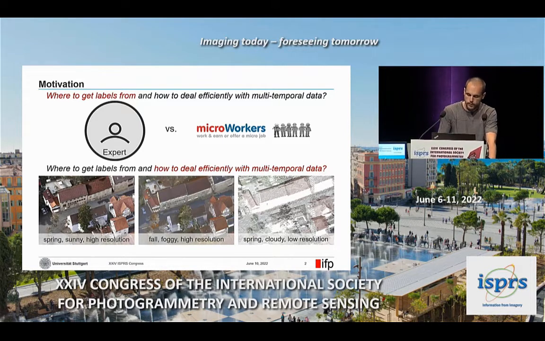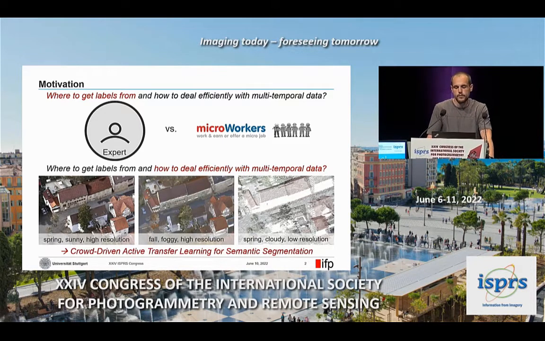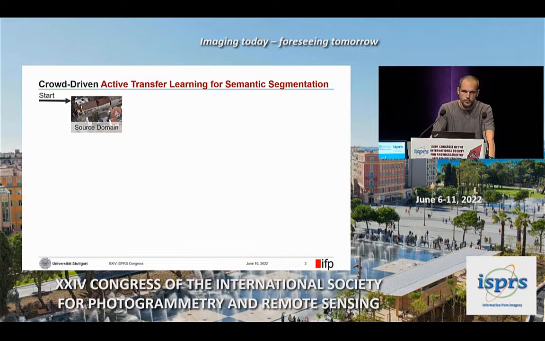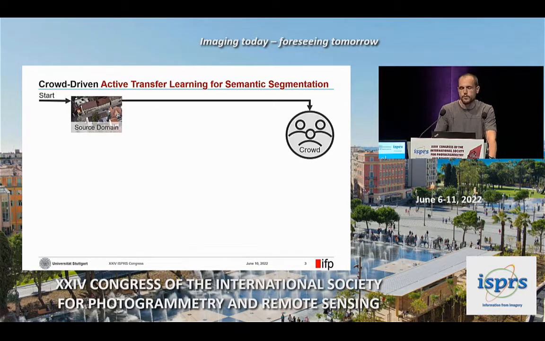For this, we use an active learning pipeline, which is designed to transfer a classifier for successful classification to another domain, and where labels are given by crowd workers. Okay, so now let's focus on how this pipeline works. We start with a completely unlabeled point cloud, which we assume to be our source domain, and which we present to the crowd.